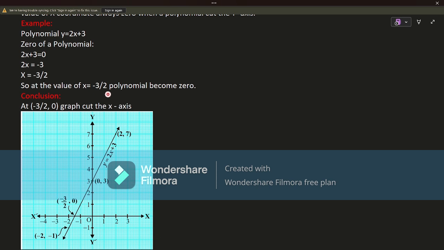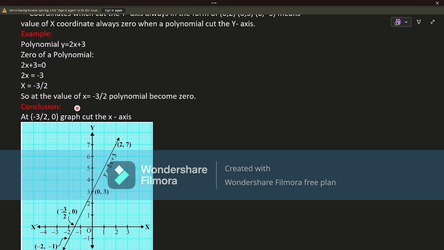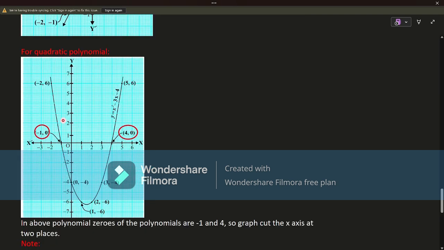So the y coordinate is always 0 when it cuts the x-axis. So at the particular point (-3/2, 0), this polynomial cuts the x-axis. In this expression, at minus 3 by 2, the polynomial became 0. So minus 3 by 2 is the zero of the polynomial. See here, the quadratic polynomial cuts the x-axis at two particular points.